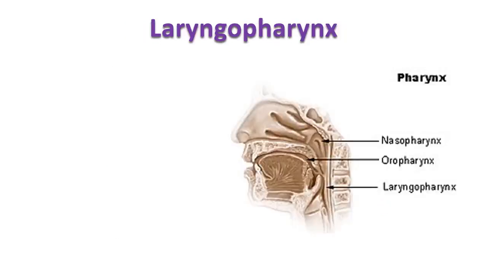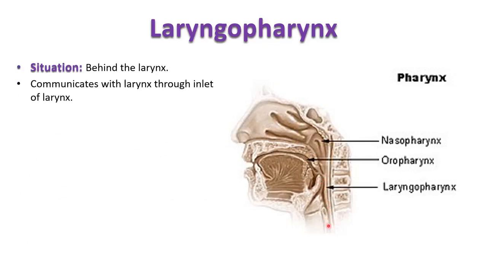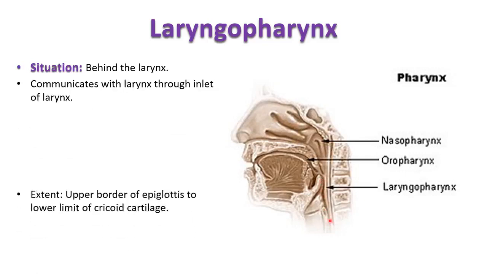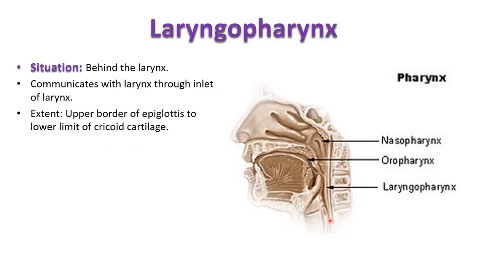So now first, coming to the laryngopharynx, it is situated behind the larynx, and that is why it is called the laryngopharynx. Its extent is from the upper border of the epiglottis to the pharyngoesophageal junction.